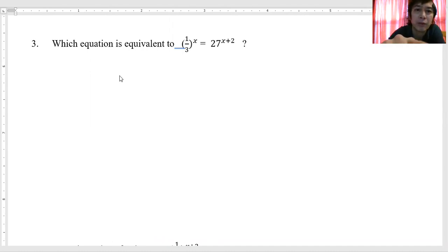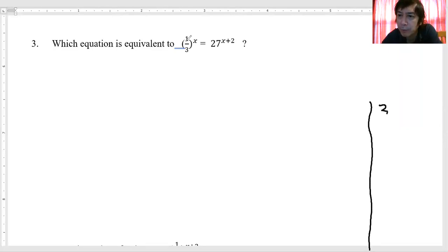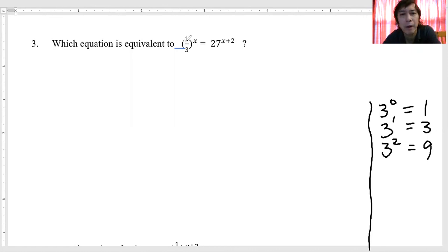So going back to our table, let's put a table here. 3 to the 0 is 1. 3 to the 1 is 3. 3 squared is 9. And then we have 3 to the 3, that's 3 times 3 times 3, that's 27. And of course, 3 to the 4th is 81. We don't need 3 to the 4th at this time.